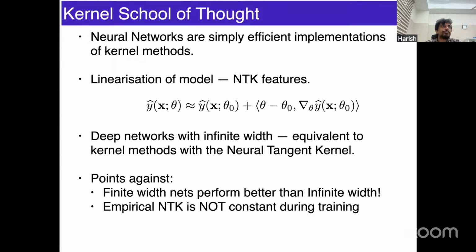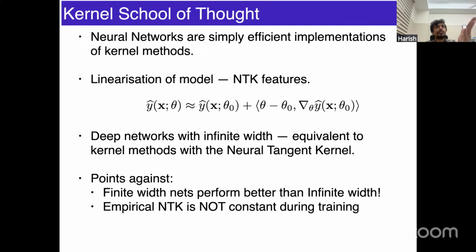There are multiple schools of thought on why deep networks work. The first is the kernel school of thought, which is that neural networks are simply efficient implementations of kernel methods. This school is headed by the neural tangent kernel, which argues that your model is just a linearization around the initial parameters.